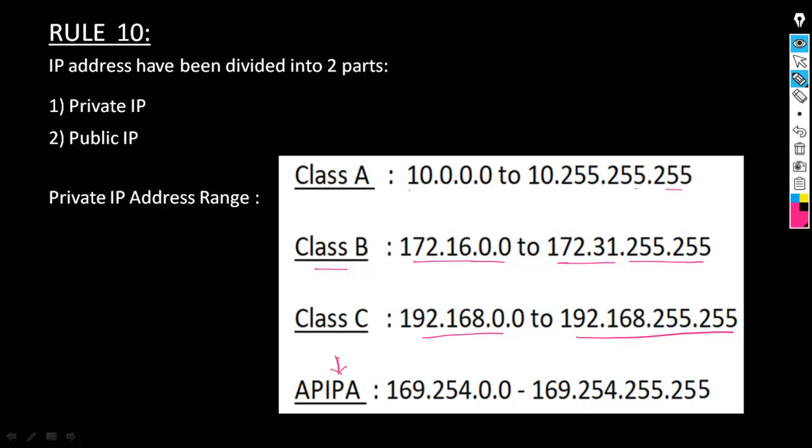There are a few differences between private IP and public IP: private IP is freeware, whereas public IPs are paid. We can use private IP in our local area network, whereas we can use public IP in our wide area network. So that's it for today.